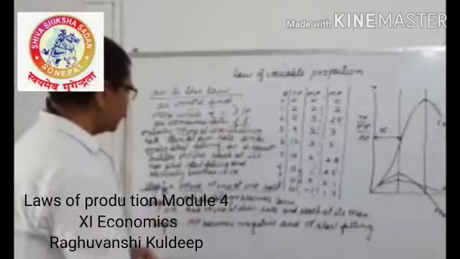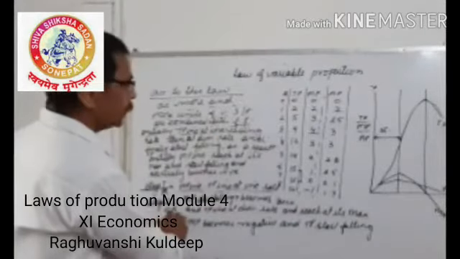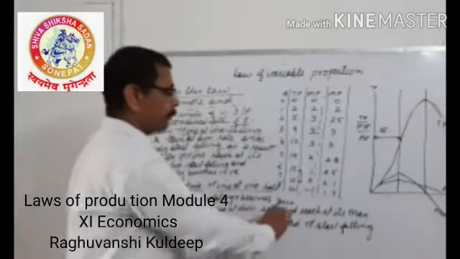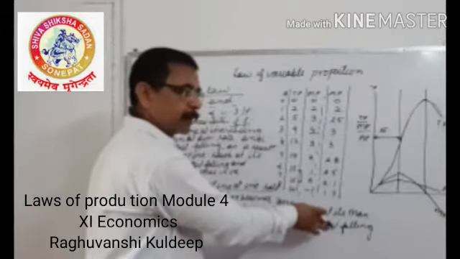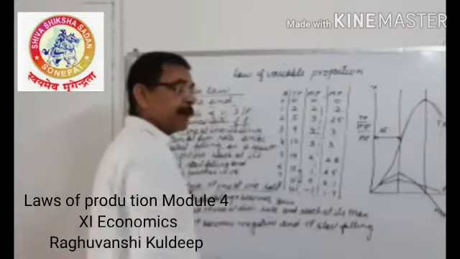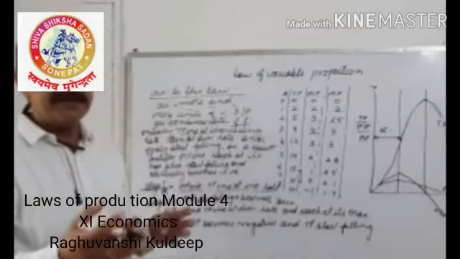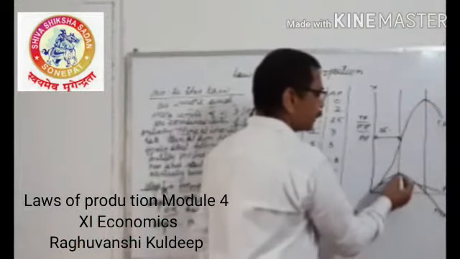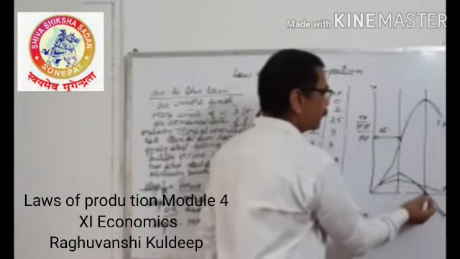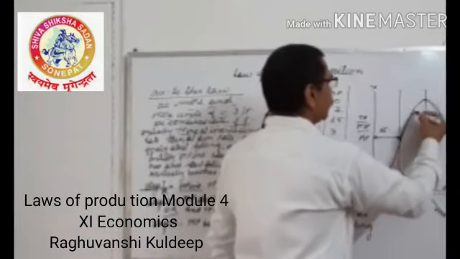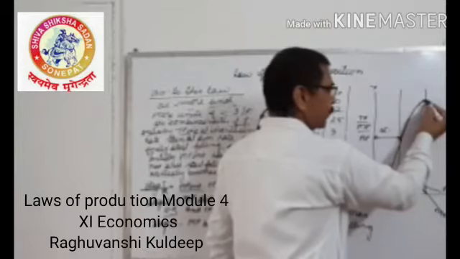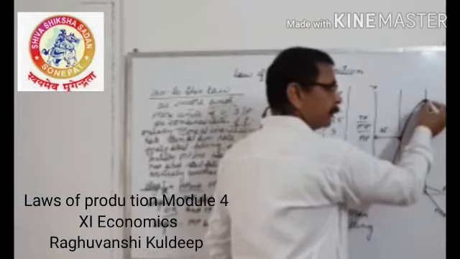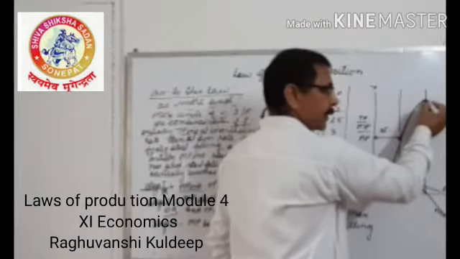In the second stage, which is known as diminishing return, MP starts falling but remains positive, becomes zero. As a result, TP increases at a diminishing rate and reaches its maximum.